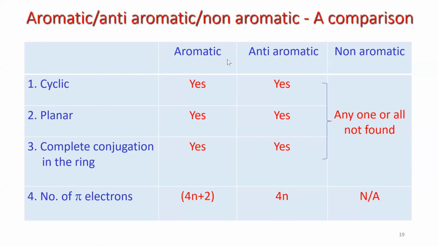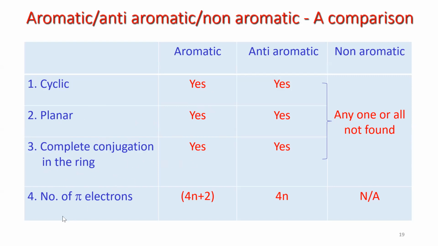Remember benzene. Take benzene as an example. When you are thinking of aromaticity, the best example is benzene. It's a cyclic structure. It is planar, and it has complete conjugation in the ring. Electrons are circulating in a cloud, right?